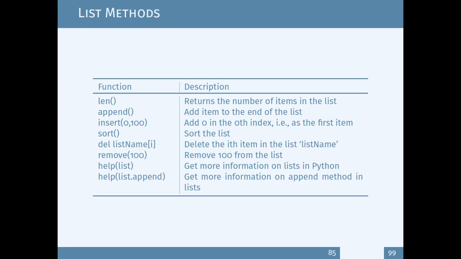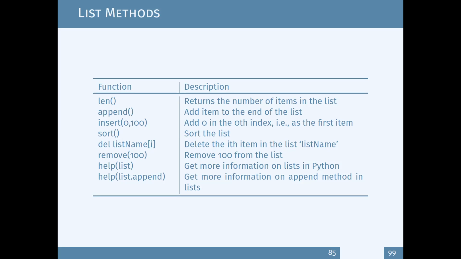Here is the summary of methods that we have looked at. We got the length of the list using the len function. Then we used both append and insert to add items, and sort to sort the list. We used del and remove to remove items based on the location as well as based on the value.